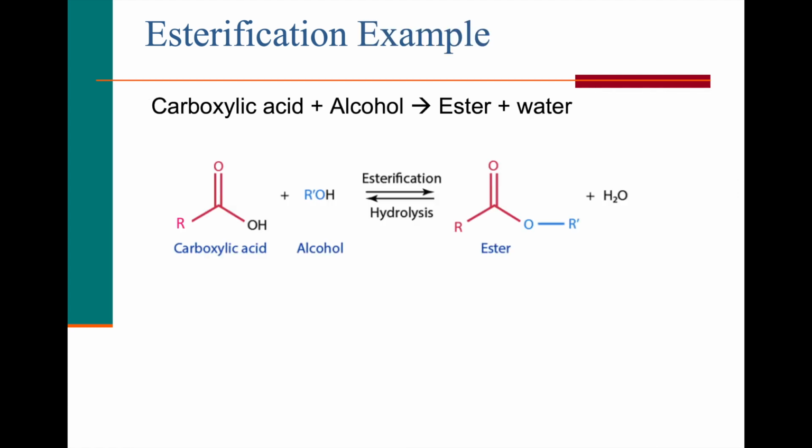So this is what an esterification reaction looks like, or the production of an ester. You've got your carboxylic acid and you have your alcohol. And so what's being highlighted here, we can see that this part of the alcohol forms this blue part of the ester. This red part of the carboxylic acid comes and joins the alcohol to form this part of the ester.